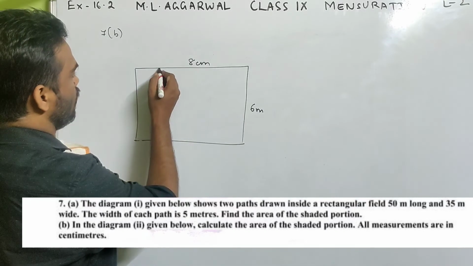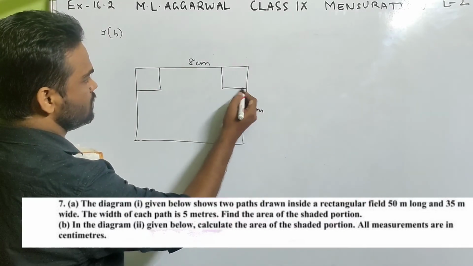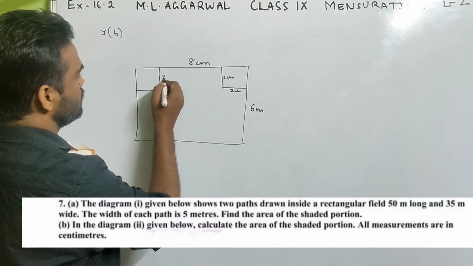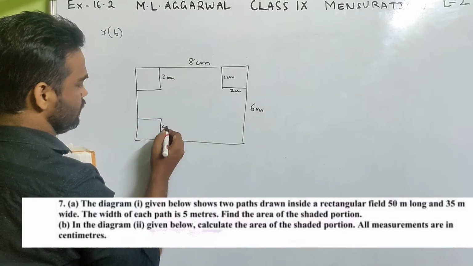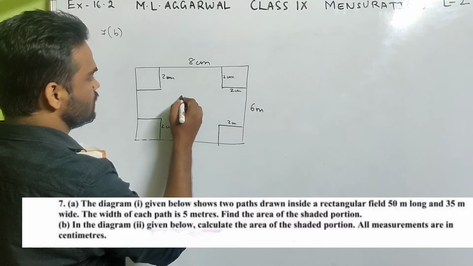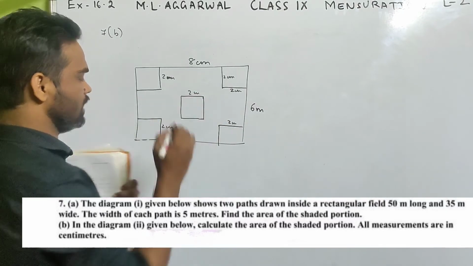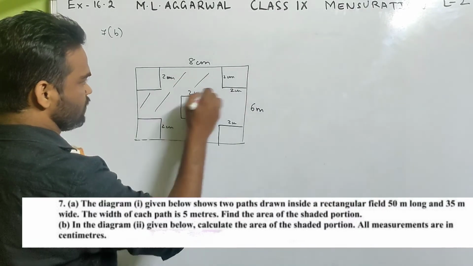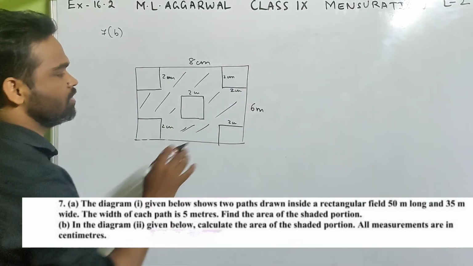At the 4 corners, if you look at the diagram, you have squares of dimension 2 centimeter, and in the middle also they have given a square of side 2 centimeter. And they've shaded this region apart from the 5 squares formed. They need the area of the shaded region.